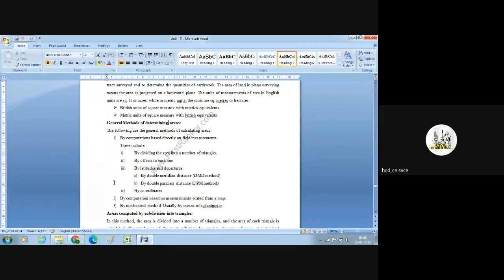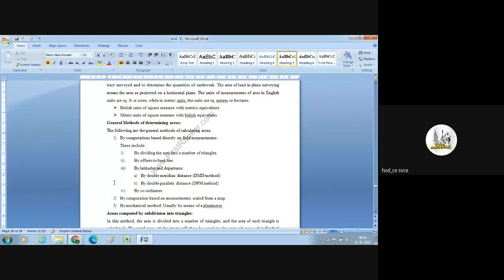One method is by dividing the area into a number of triangles. The second one is by offsets to the baseline. Next, by latitude and departure.